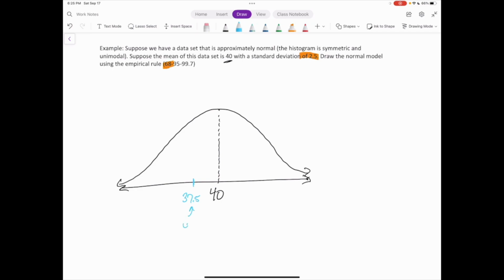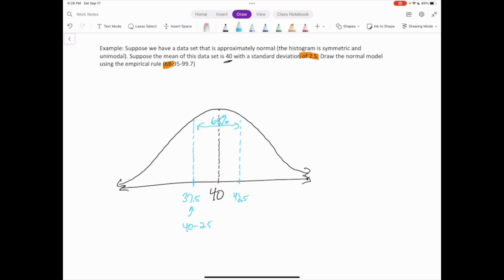Once again, that was 40 minus 2.5. Let's do a dotted line here. I'm going to do the same thing and add 2.5 to 40, so that'll be 42.5. So between those two blue dotted lines, 68% of our data will be between 37.5 and 42.5. That's what it means to be within 1 standard deviation.